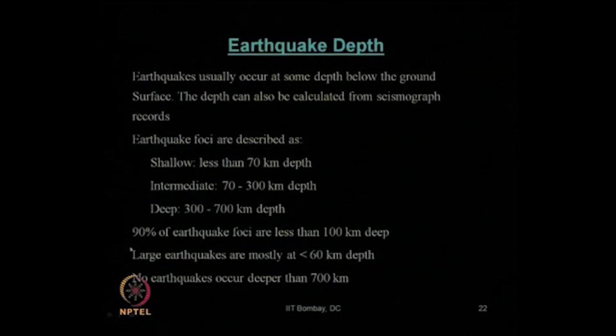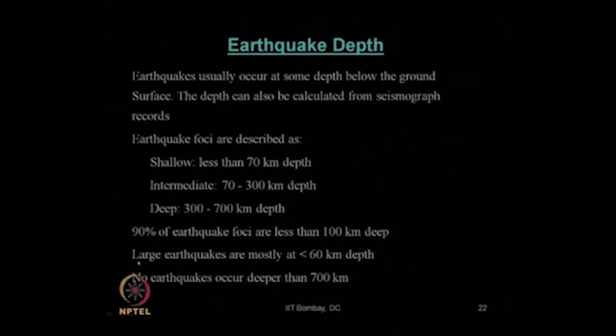and another historical record says that 94% of earthquake foci are within 100 kilometer depth below the ground surface, and large earthquakes are mostly within 60 kilometer depth, that is at shallow depth, which is for obvious reason, as I said, because when the foci are located close to the ground surface, there is a chance of having a major earthquake or major devastation.